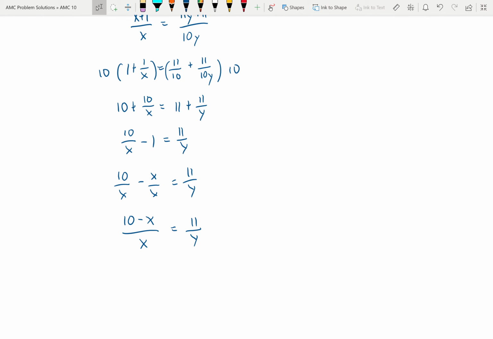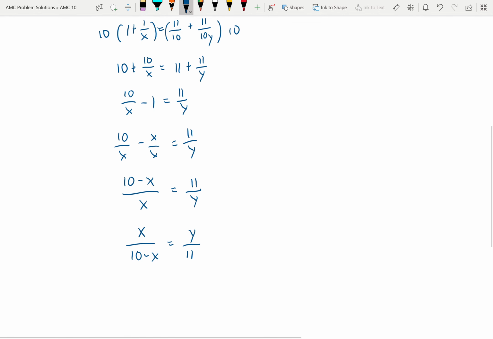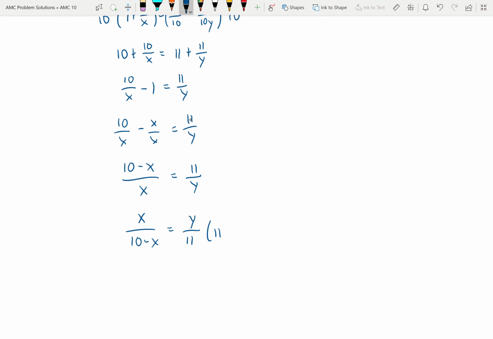So flip the numerators and denominators. So this is also equal to x over 10 minus x is equal to y over 11. Multiply both sides by 11, and I get 11x over 10 minus x equals y.